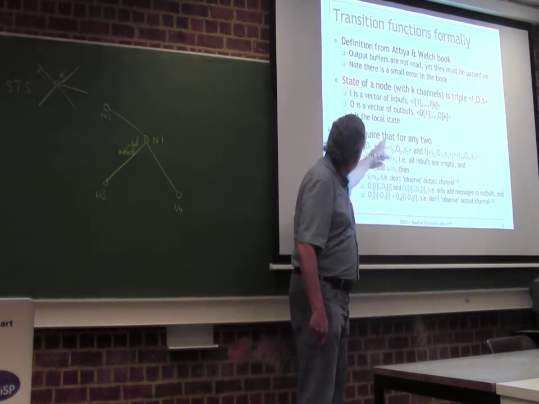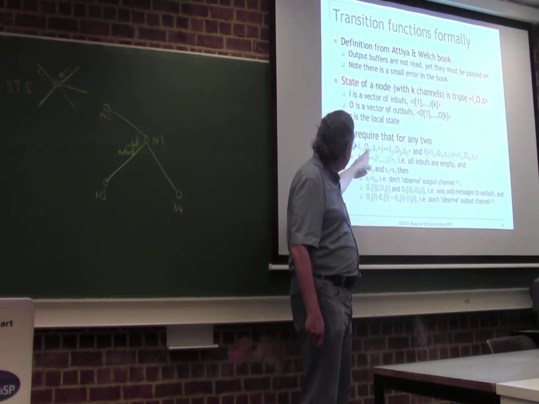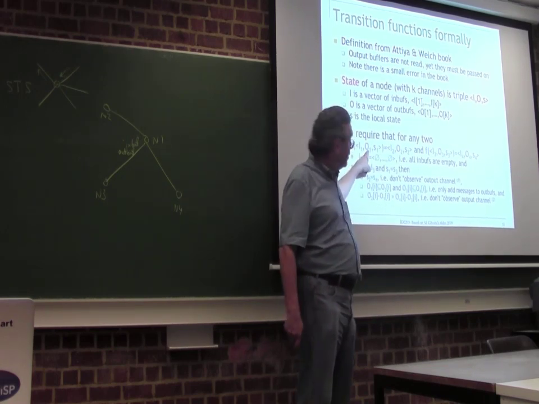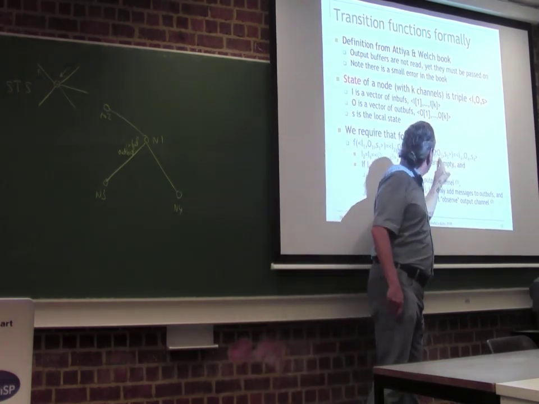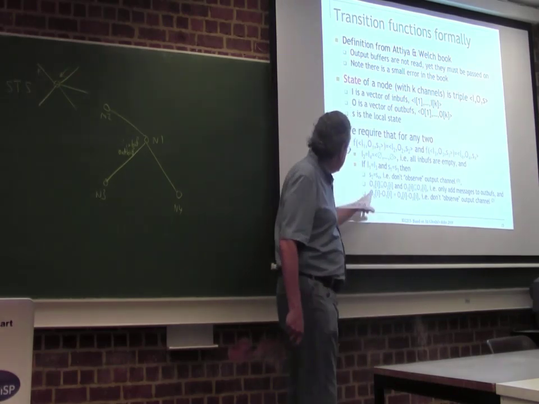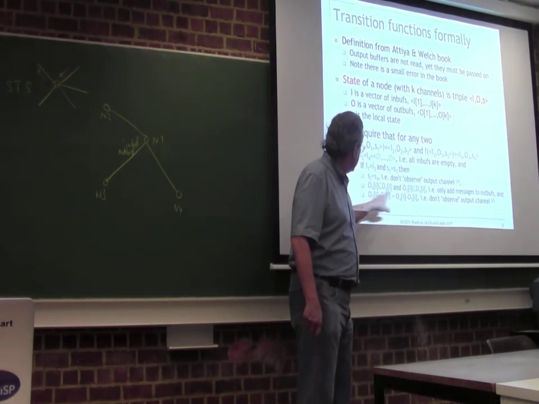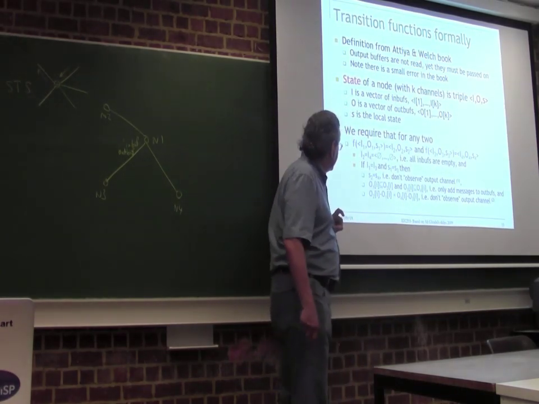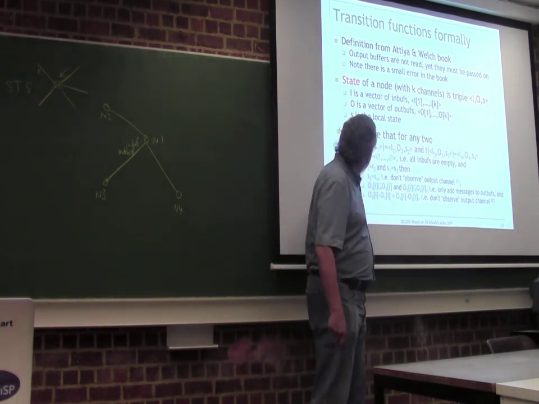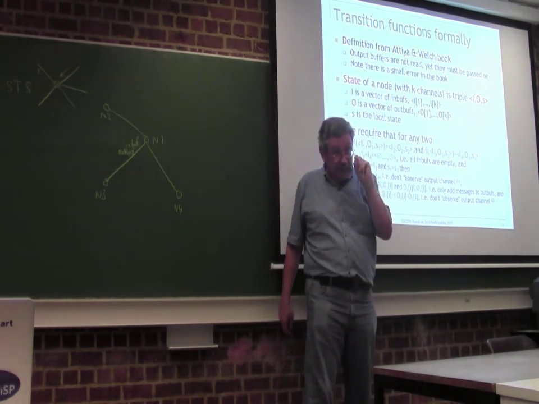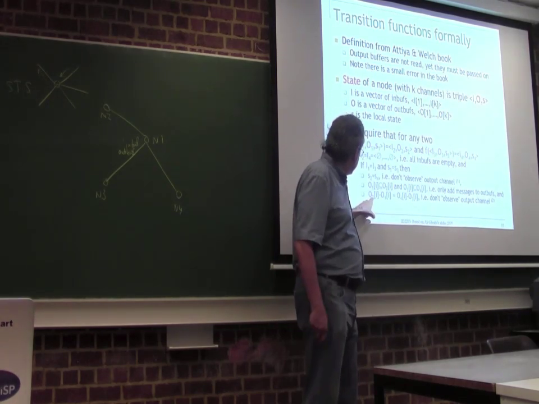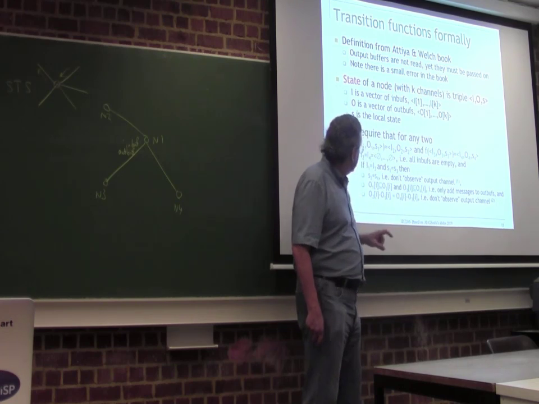Okay? We're only adding messages, and we're adding the same messages. So O2 minus O1 is the messages we add. And O4 minus O3 is also the messages we add, and these two are the same. So that means this is a deterministic function. It's adding the same messages to the out buff, and it's also not depending on O1 or O3.